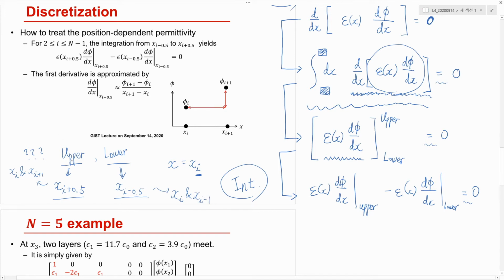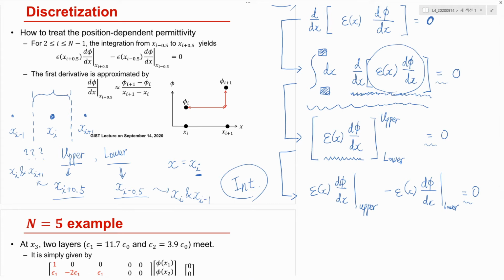So I am suggesting that we set the upper bound and lower bound as xi plus half and xi minus half respectively, and integrate from this lower bound to this upper bound. So this is the range of our integration.